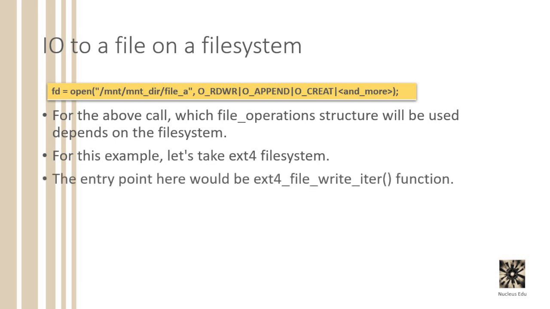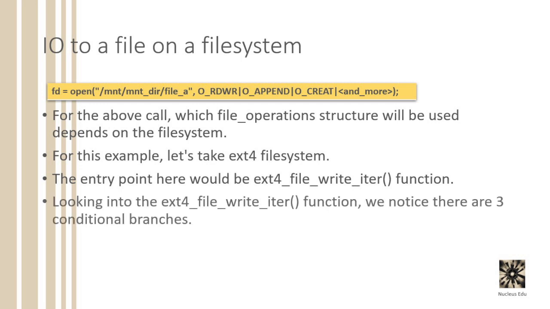For this, the write_iter function that is defined, the entry point here, would be ext4_file_write_iter. Looking into the ext4_file_write_iter function, we notice that the main code has three conditional branches.